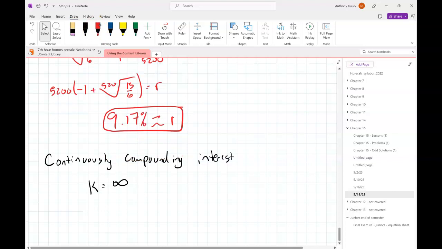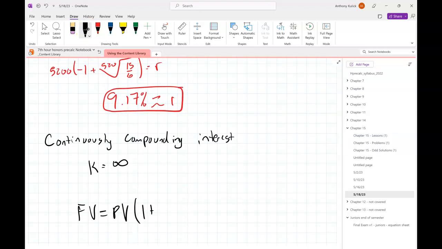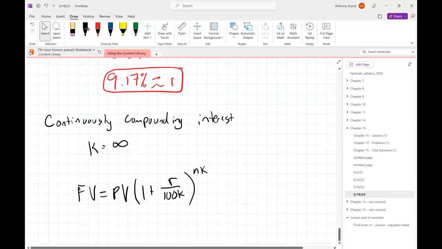So what is that going to do to our compound interest formula? Because I can't exactly plug infinity in here, right? So we're going to have to do a little bit of work here.